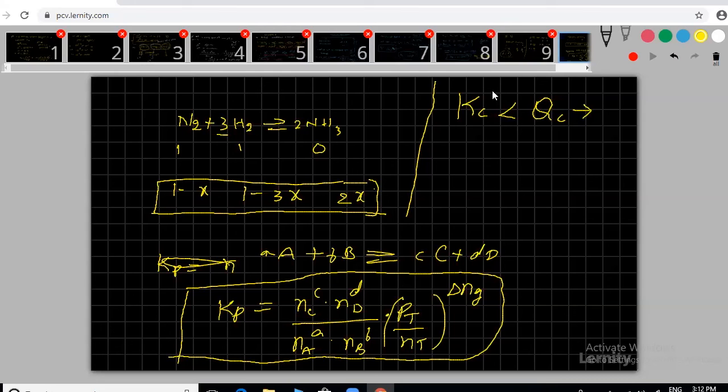Backward reaction is correct. Backward reaction means product to reactant. Then Kc greater than Qc, forward reaction, reactant to product. Kc equal to Qc, at equilibrium.